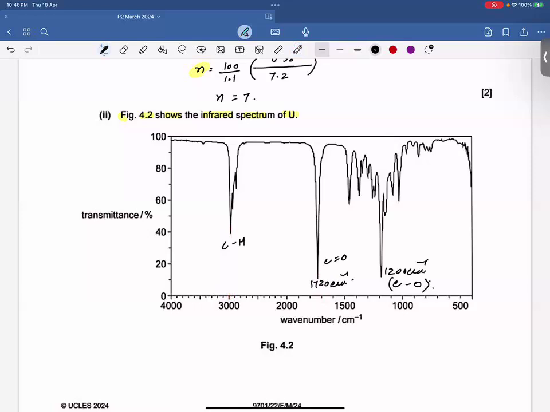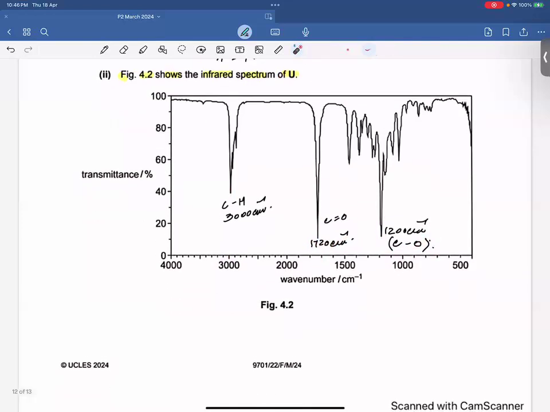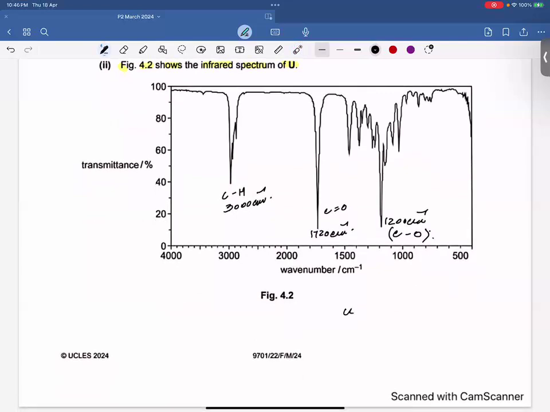If this peak appears at 3000 cm⁻¹, obviously it's going to be C-H. Now in this compound U, we have these 2 groups, and if you combine these 2 groups, you will get a functional group. So technically U contains C=O and C-O functional group.